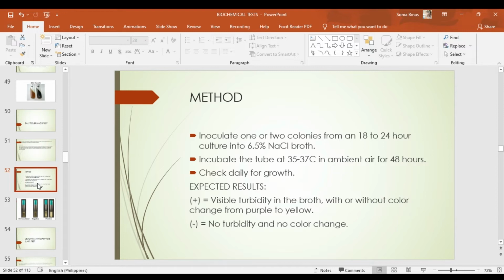Incubate the tube at 35 to 37 degrees Celsius in ambient air for 48 hours, and we will check it daily for growth. So the positive result for this test is a visible turbidity in the growth with or without color change from purple to yellow. While sa ating negative result, no turbidity or no color change.